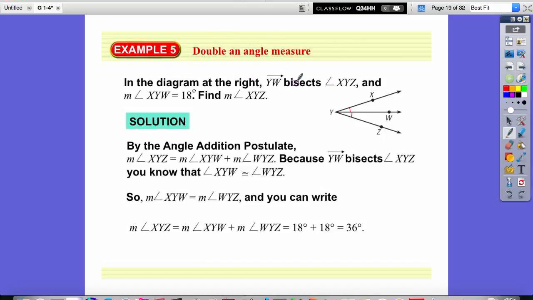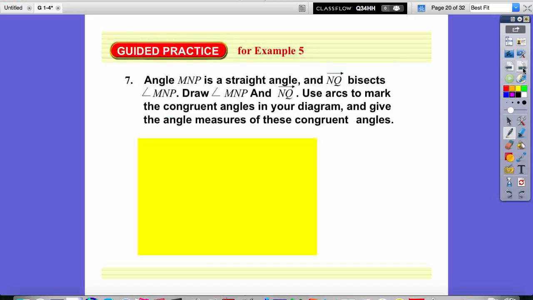In the diagram at the right, YW bisects QYZ, and XYW is 18. Find XYZ. Well, XYW is going to be 1/2 of the total because that's a bisector. They're going to be congruent.